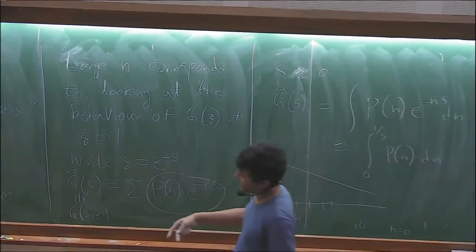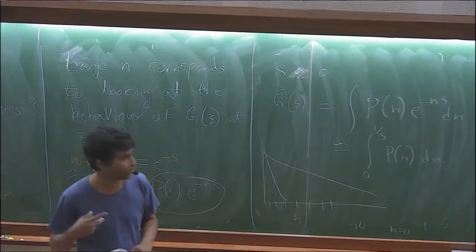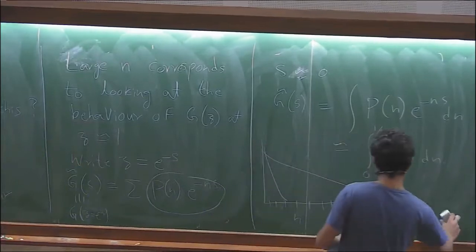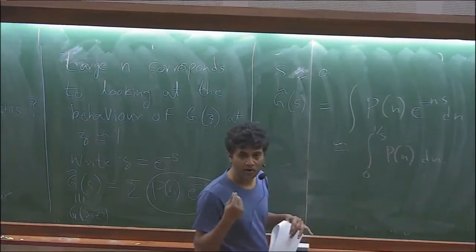Okay, so typically what you find is that in many examples, this P of n might be a power law. Assume it's, and what we want to find is the power, the exponent.